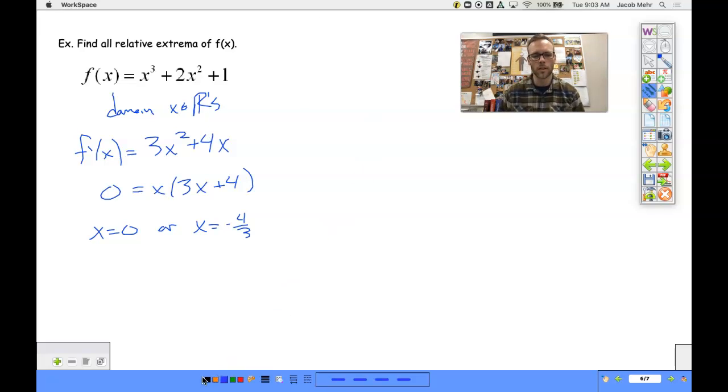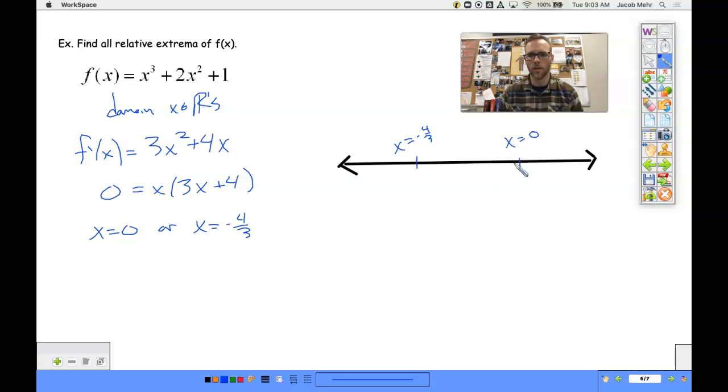Well, now let's set up that x-axis, that number line. Let's call that x equals negative 4/3, and x equals 0. Let's split it into intervals and determine where the function is increasing and decreasing.